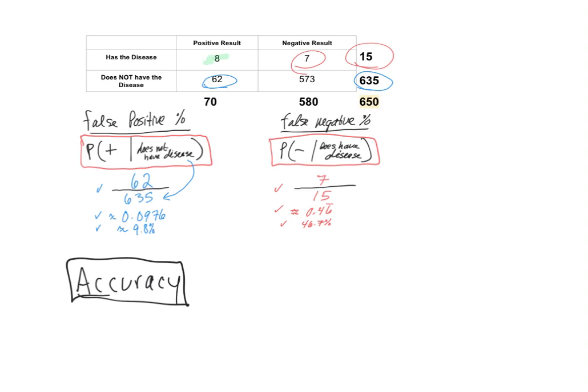Those existed here. 8 of these individuals, that was a true result, and 573, that was a true result as well. So the accuracy is simply the correct results, and I'm going to put this in quotes, and then I'll write it out in a different way. But it's those with the correct results, out of the total number of people.